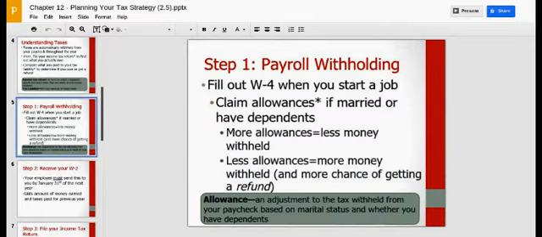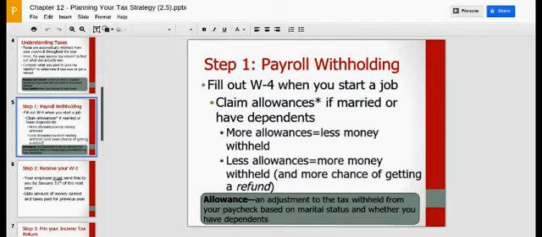Step 1, payroll withholding. This allows employers to withhold federal income tax from our paycheck. As soon as you start a job, you fill out a W-4, okay? And that W-4, as I noted before, allows employers to withhold federal income tax from our paycheck.